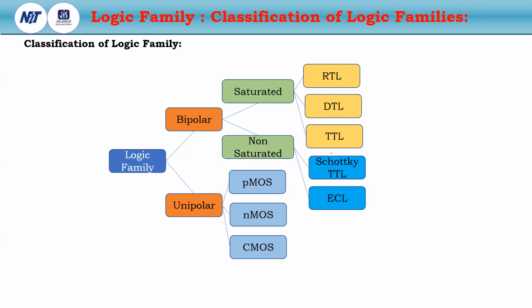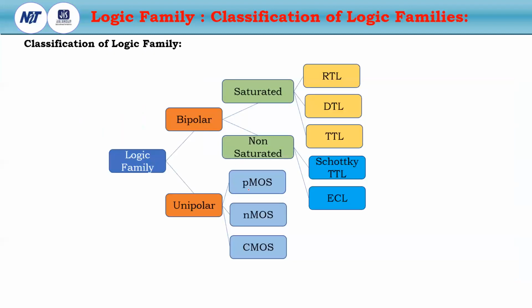Now come to the very interesting part, that is the classification of the logic family, where all types of digital ICs are incorporated. Mainly the logic family is classified into bipolar and unipolar, as I already told. And this bipolar is again classified into saturated and non-saturated. Saturated will be classified into RTL, that means resistor transistor logic, DTL means diode transistor logic, and TTL means transistor transistor logic.